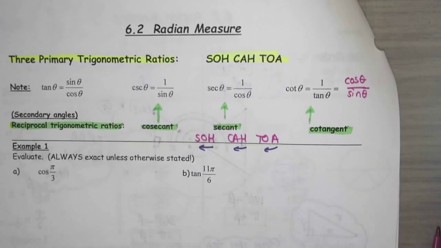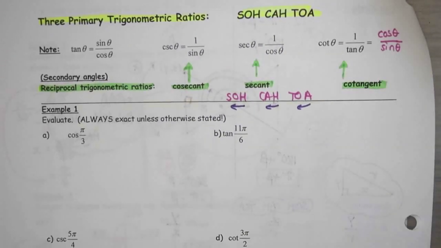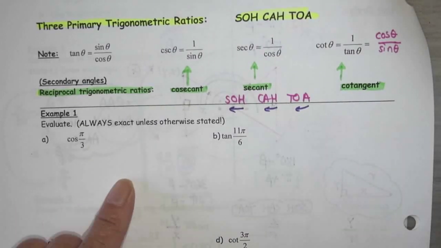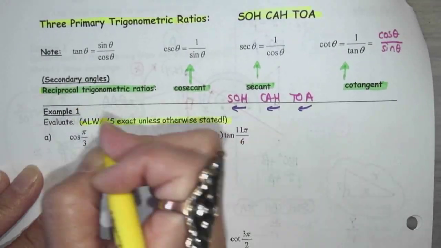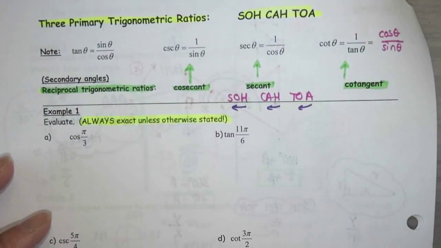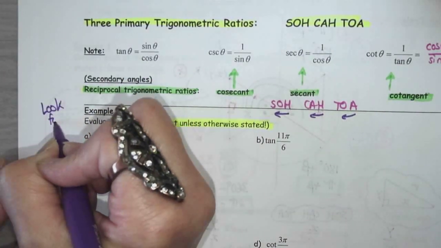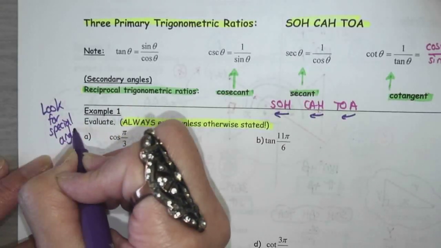All right, let's go ahead and start to calculate some stuff. So again, we're evaluating. Always, always, always exact unless otherwise specified. We might not state it per question, but you have to try to do exact no matter what. So how do I know? We're looking for special angles. Look for special angles.